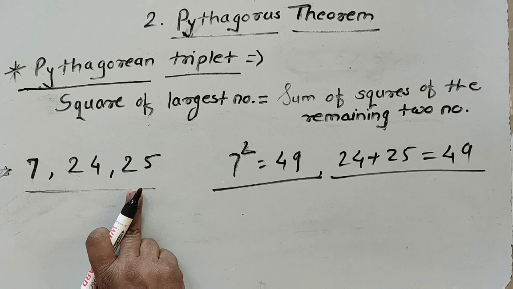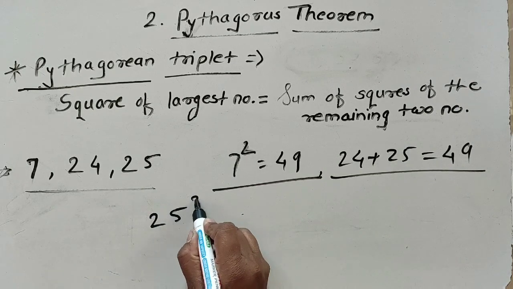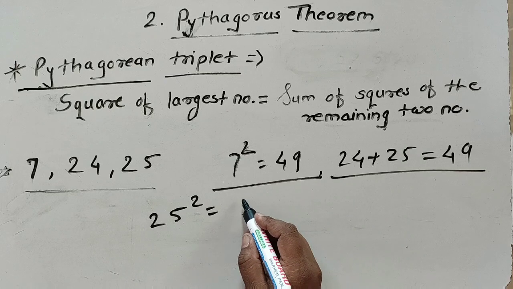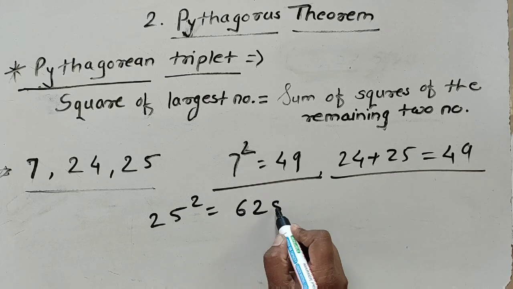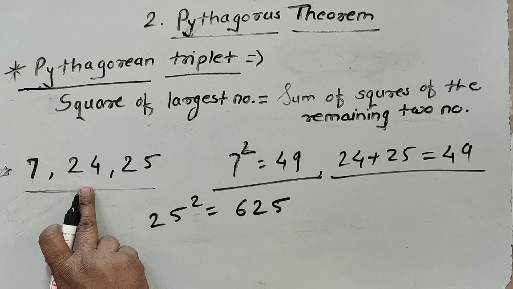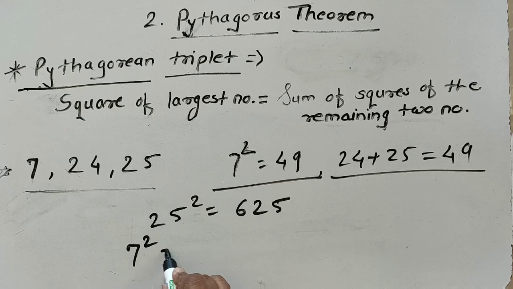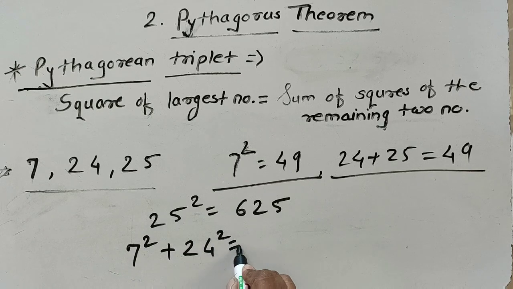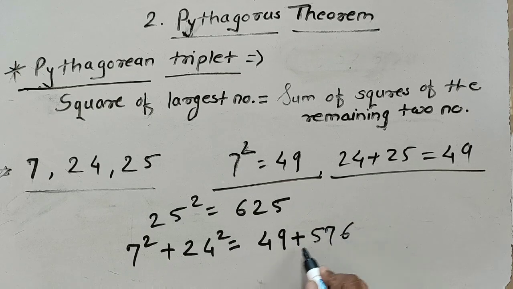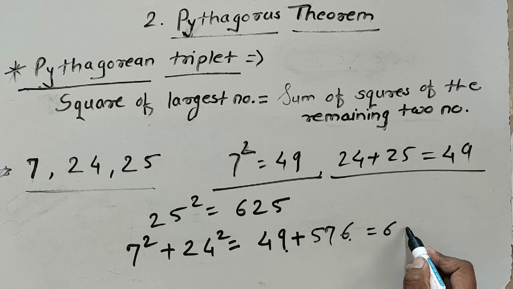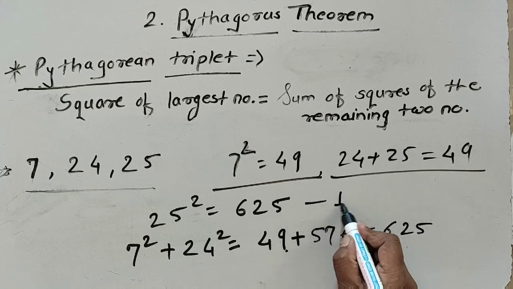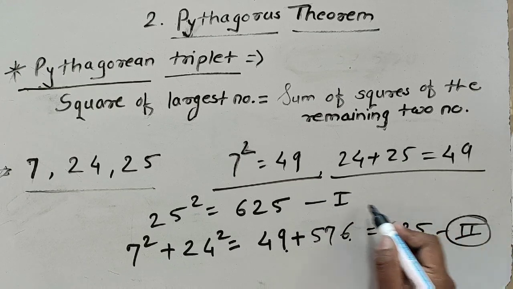The largest number here is 25, so 25 square is 625. And 7 square plus 24 square: 7 square is 49 and 24 square is 576, and the sum of these two numbers is 625, which shows that these three numbers are a Pythagorean triplet.